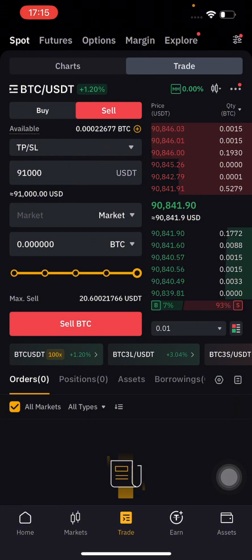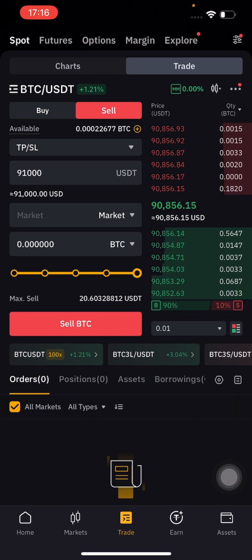But in this case, since you bought Bitcoin, we're going to set a stop loss that's lower than the price that we bought at. When you're setting the stop loss, you're specifying the amount that you wish to risk, that you wish to lose if the price keeps dropping. Because the price is currently 90,800, if it keeps dropping to 90,700, 90,600, maybe you can set your stop loss to 90,500.